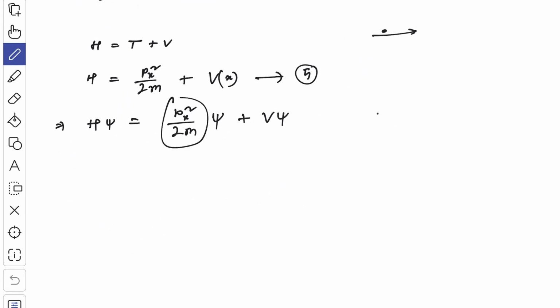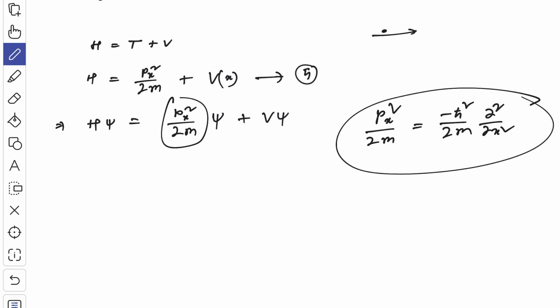Let us replace px square by twice m with minus h cut square by twice m, second order derivative with respect to x. So let us replace this term by this. So then what you will get?